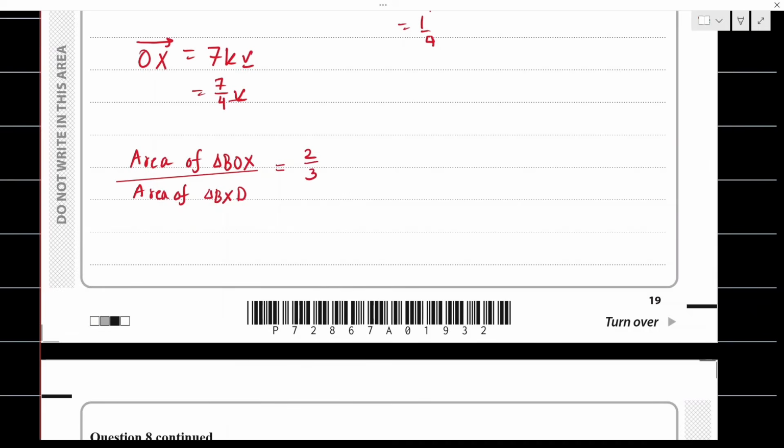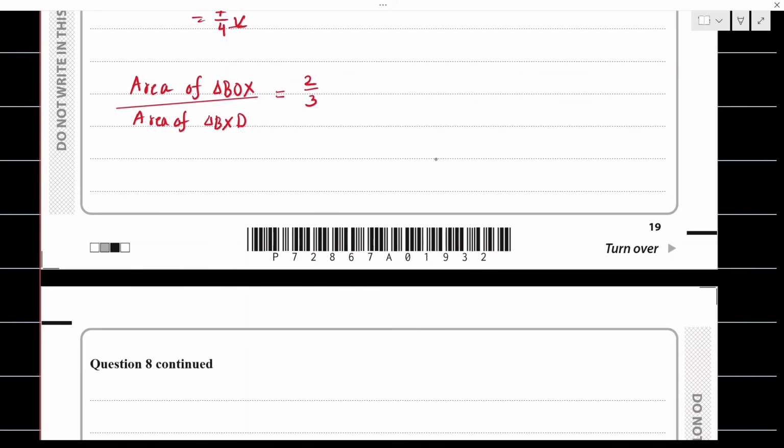We can write this from our question. If I draw the triangle again here, we have this arrangement in our figure.